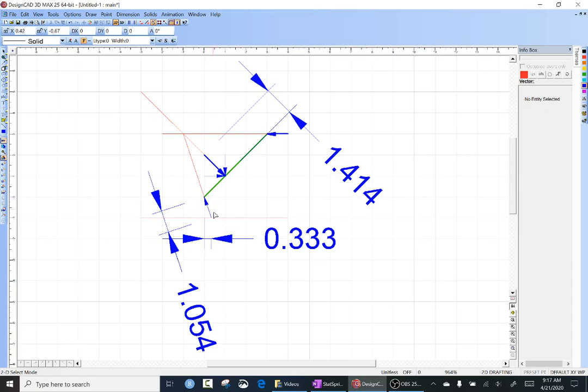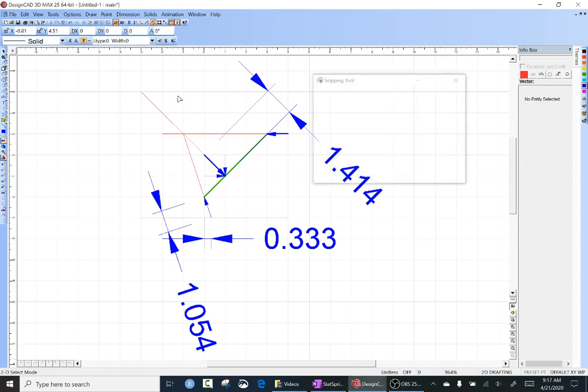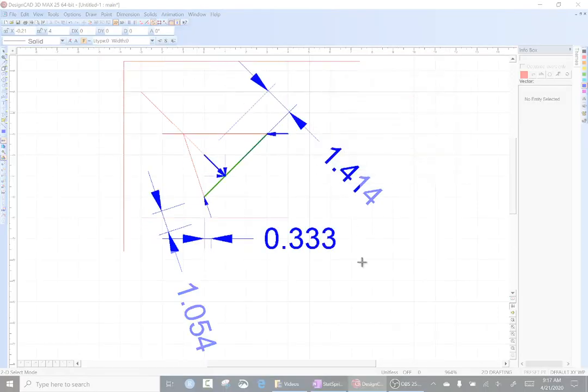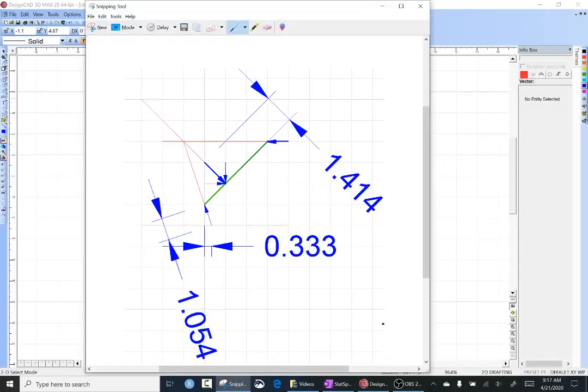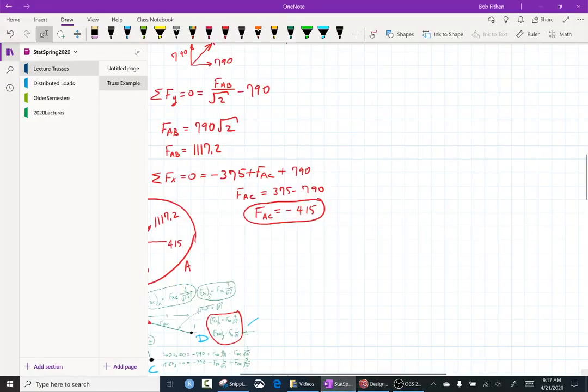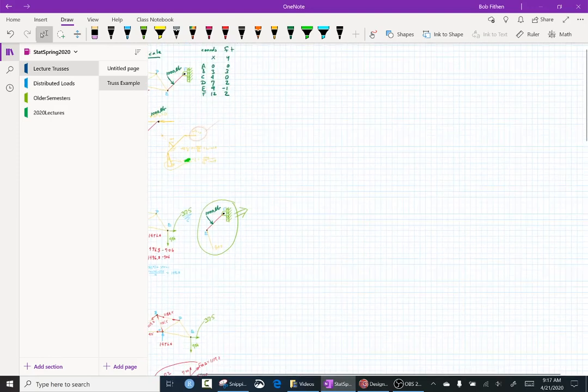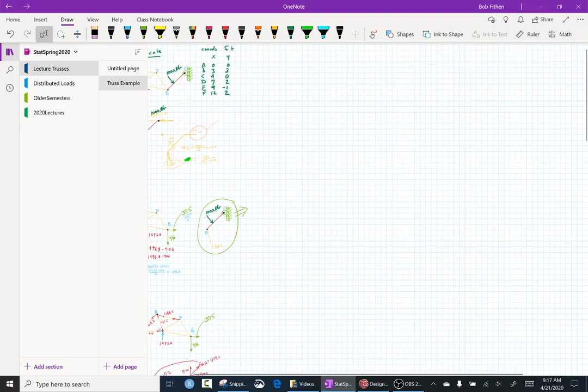Okay, there's no particular reason to do the dimension from here to here, but let's go ahead now and use this snippet thing, snip the whole drawing, and what we'll do, we'll lay it back over here, say over in this direction.